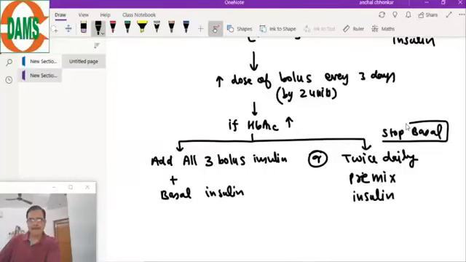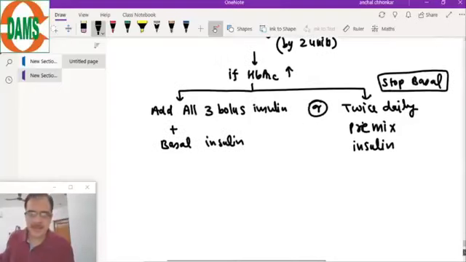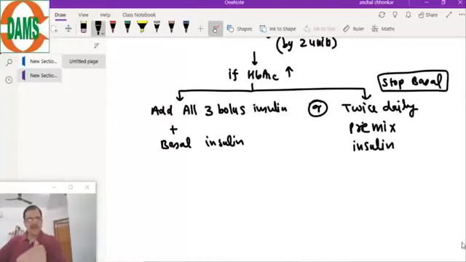So there are 2 options in this protocol: with single basal and single bolus, if sugars are not controlled, then we will shift the patient to bolus insulin with all 3 meals plus basal, or we shift the patient to a premix insulin.